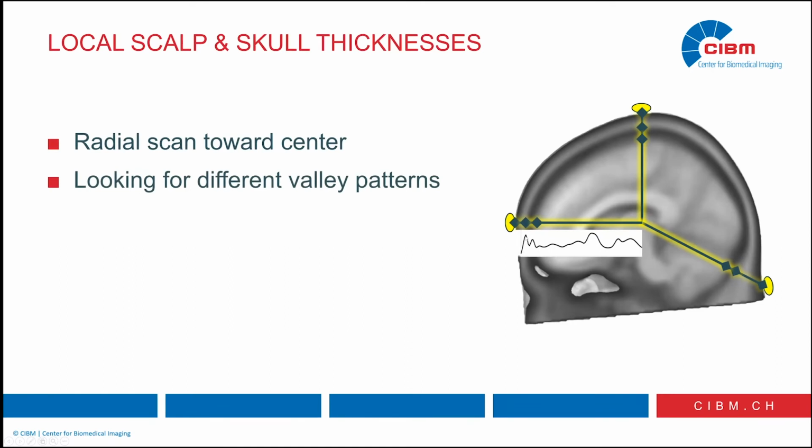We compute a kind of gray distribution of this radial probe. So here it's lighter, darker, lighter, darker. So we expect the skull to be in the darker area because that's a T1. And here the skull is about here.